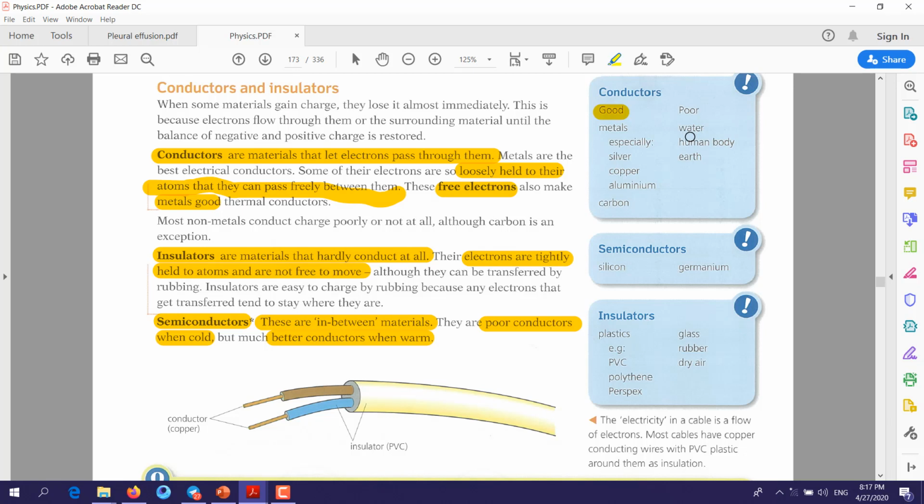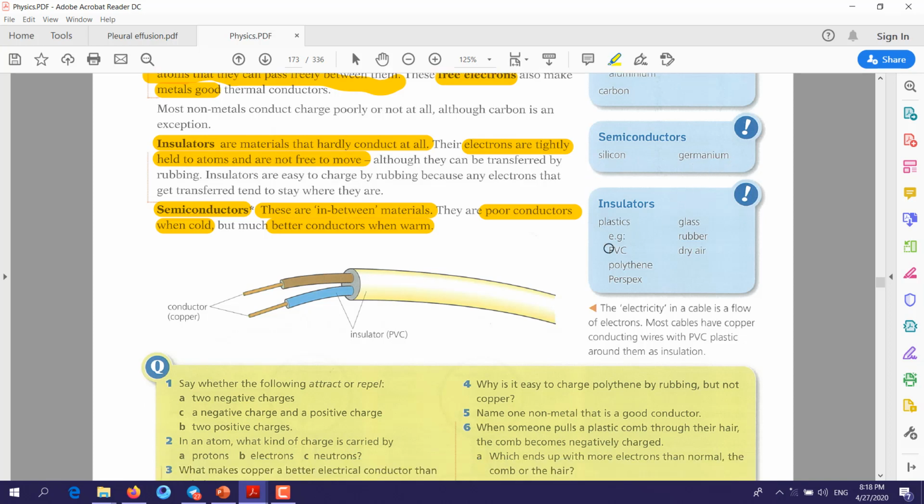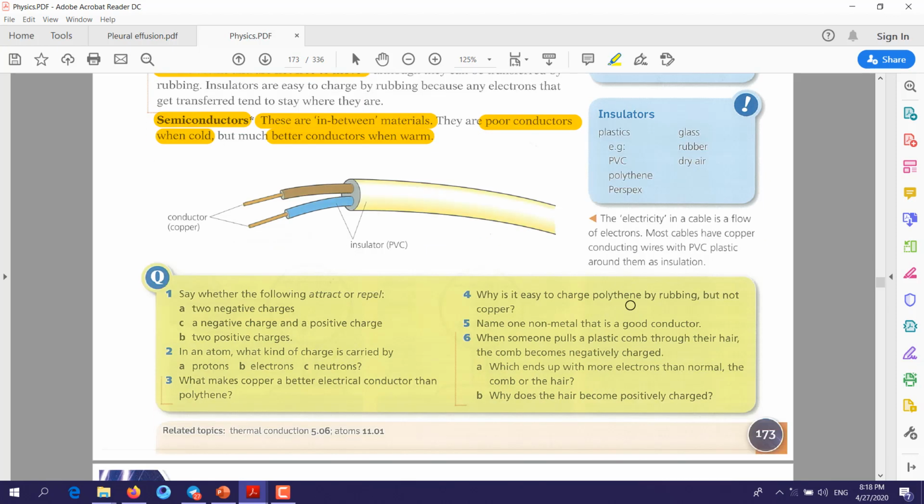The point here is the pure water, the water that doesn't contain any impurities, like salt. Pure water is a bad conductor. It will not conduct electricity. Also the human body is not a good conductor. Semiconductors: silicon, germanium. Insulators: PVC, polythene, perspex, glass, and so on.